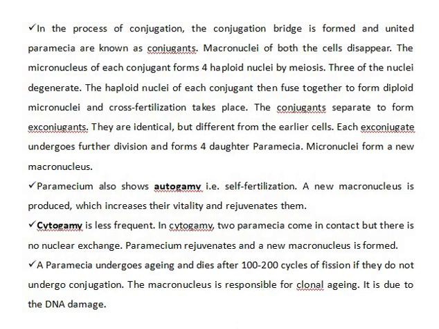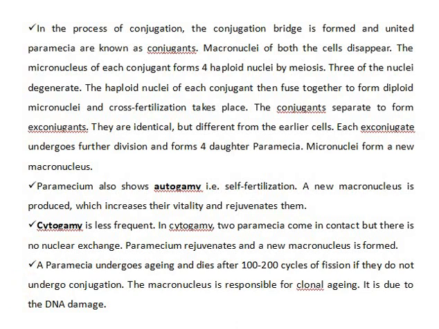The haploid nuclei of each conjugant then fuse together to form a diploid micronucleus and cross-fertilization takes place. The conjugants separate to form exoconjugants. They are identical but different from the earlier cells. Each exoconjugant undergoes further division into 4 daughter Paramecia. Micronuclei form a new macronucleus.